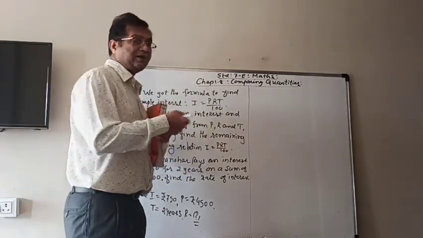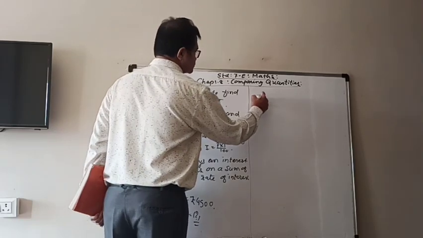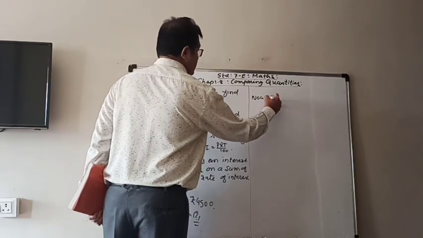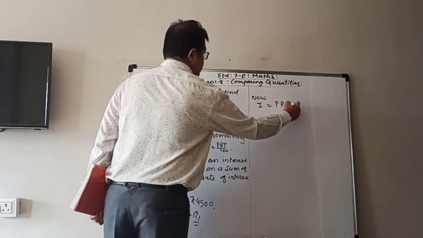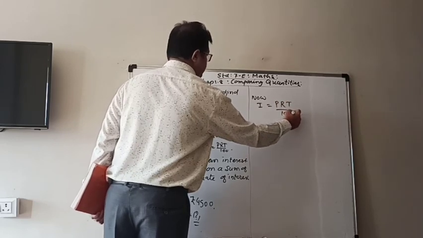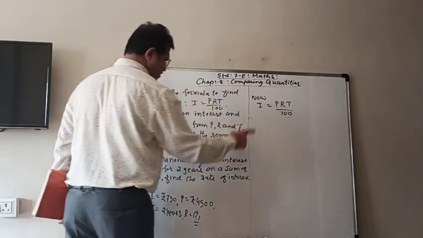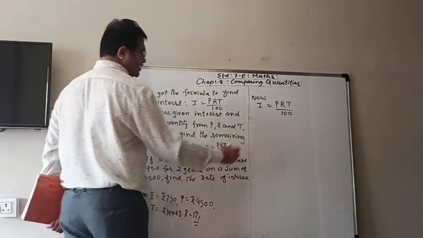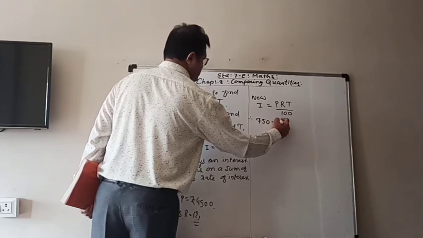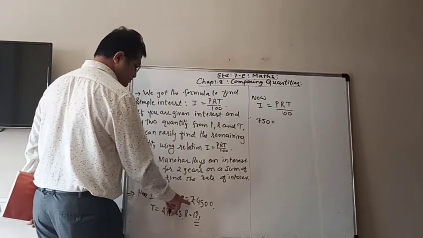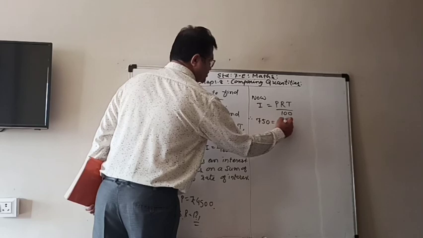So we know the formula. So now I is equal to PRT upon 100. But I is already given. What is that? 750. So 750 is equal to, now P is given, 4500.